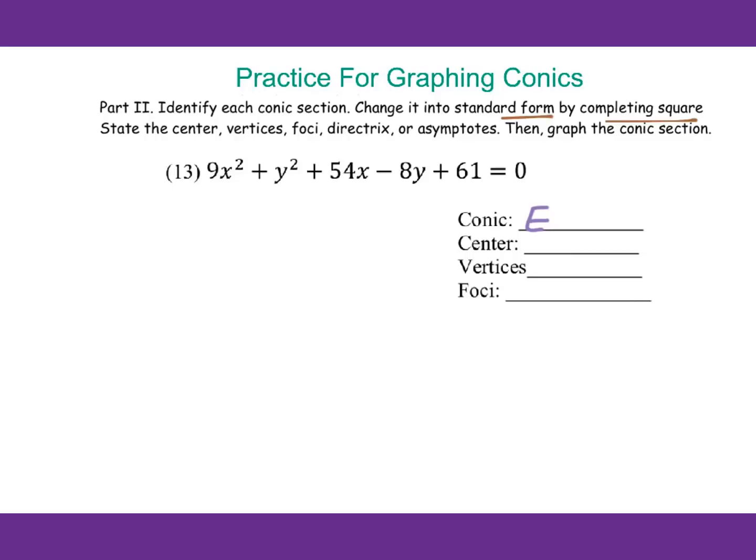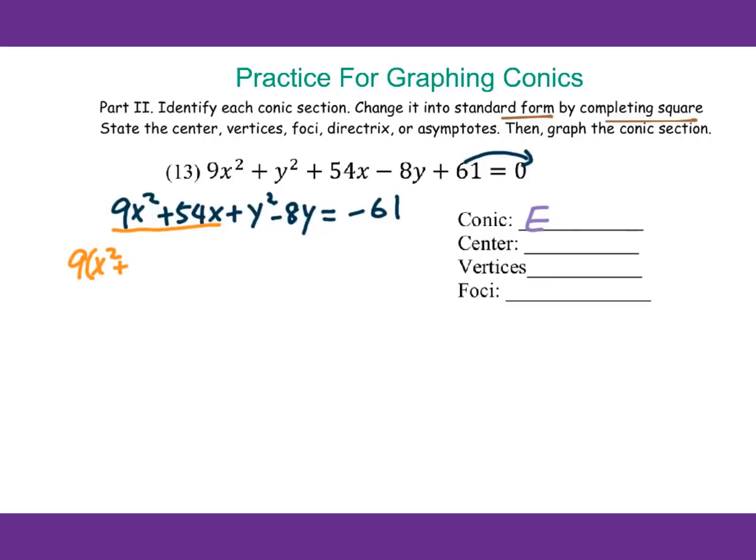First of all, we put all x together and all y together. Then put the constant number on the other side, minus 61. Then for x squared and x, I will take 9 outside. I got x squared plus 54 divided by 9, that's 6x.